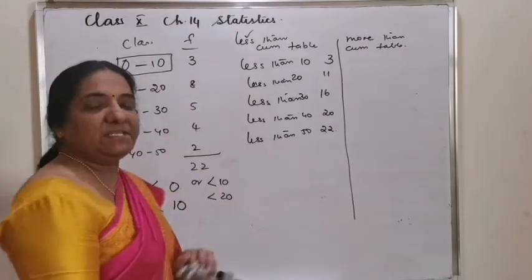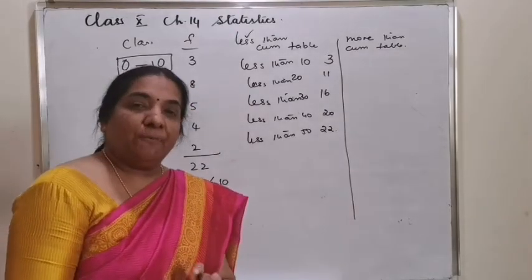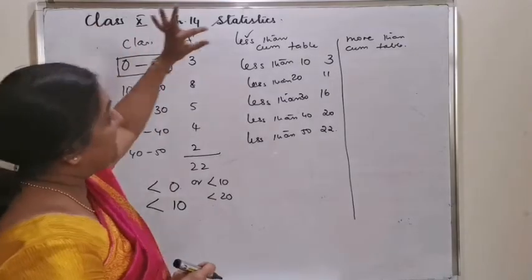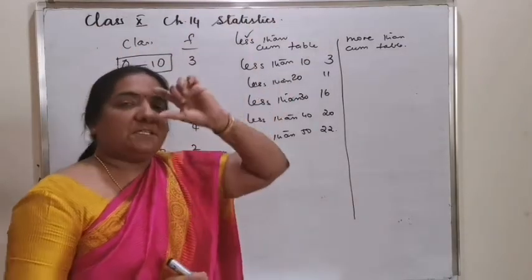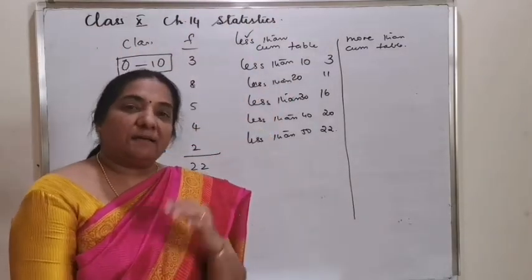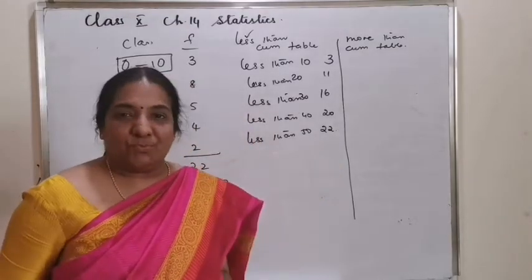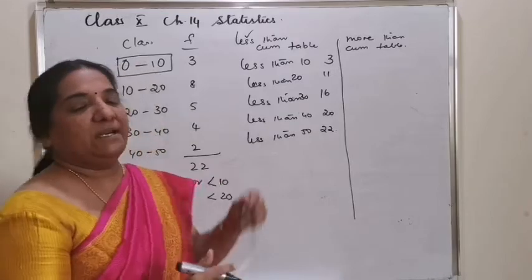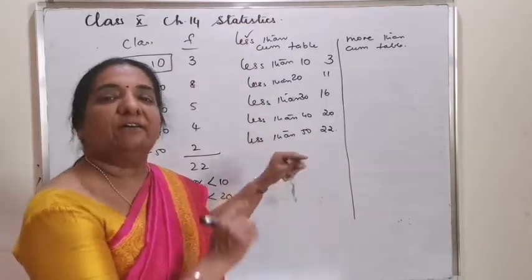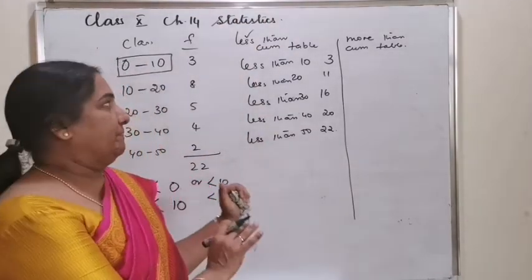The frequency is 22 in number. So when you want to form a less than cumulative table, take the particular class and think in your mind less than 0, less than 10, which is more sensible. From there you will understand that you are forming a frequency distribution table.